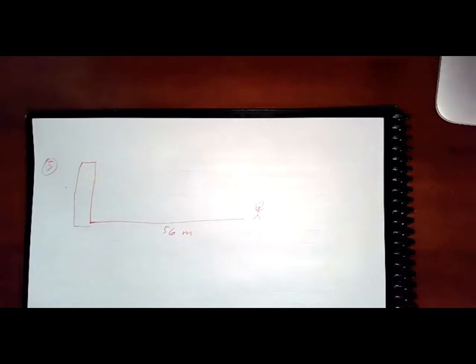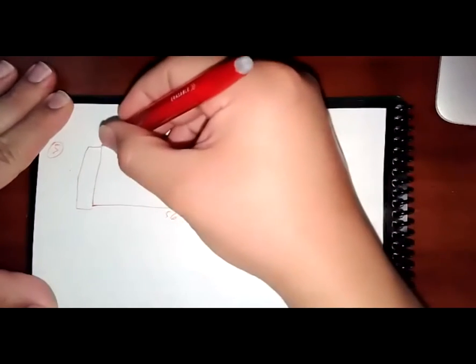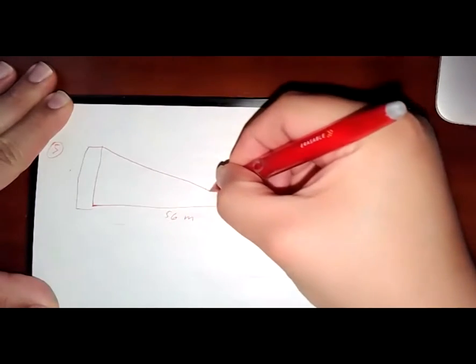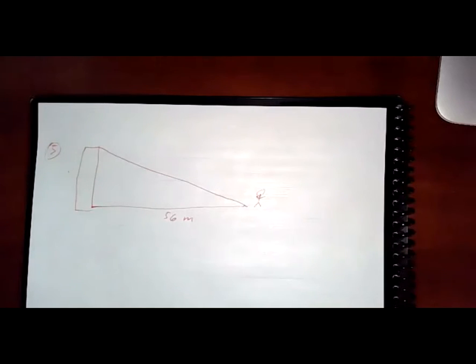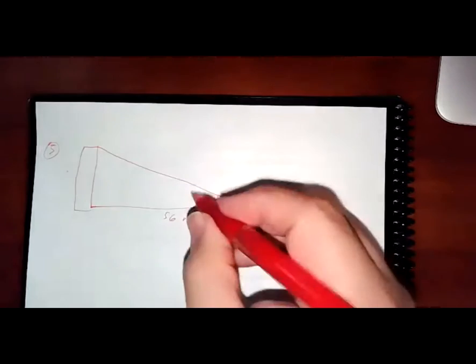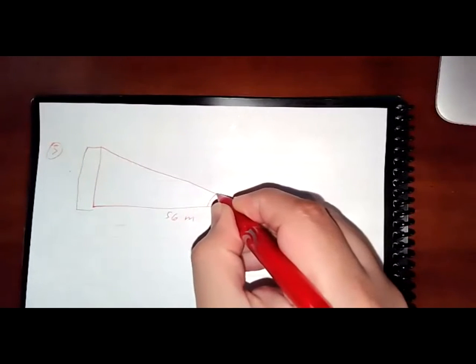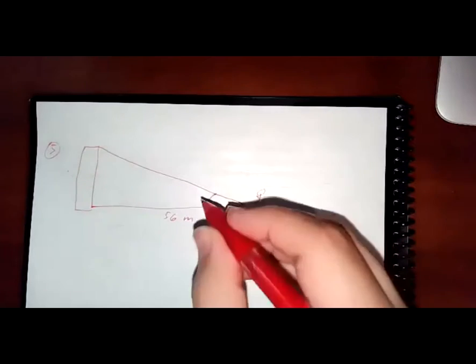Okay. So I want to build a triangle. It says measures the angle to the top of the building. So I'm reading this. Angle to the top is 38 degrees.